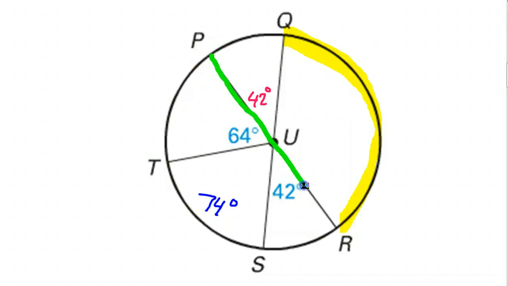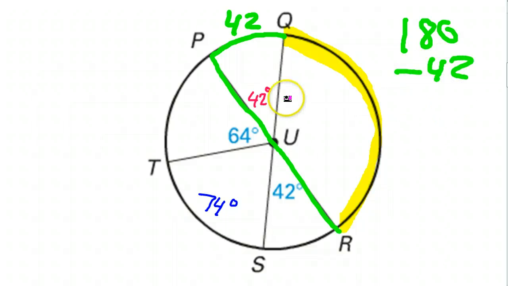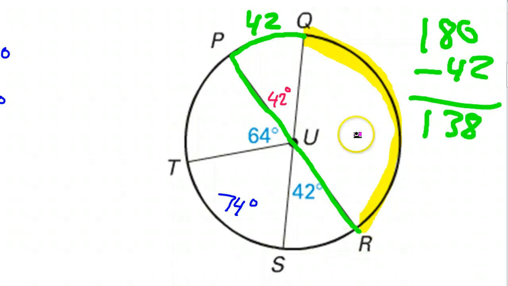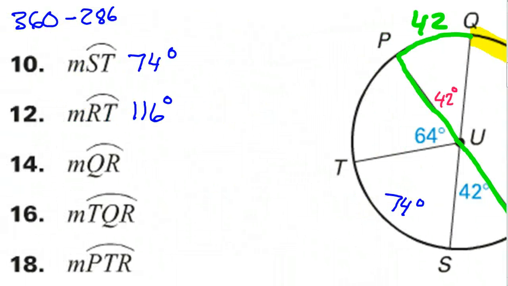See how this is the diameter? This part right here is 42 degrees. Then I should be able to go 180 minus 42, and that should leave the yellow QR here. Minus 40 would be 140, an extra 2 would be 138. So that's going to be 138 degrees here. Okay, so yeah, QR.